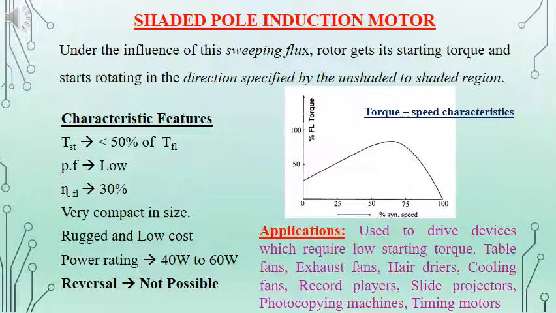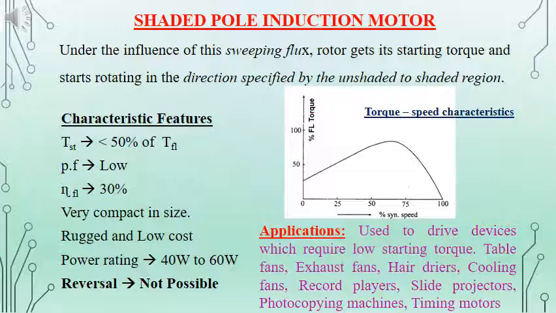The sweeping of flux can be compared with a rotating magnetic field, and whenever there is a sweeping of this flux, the rotor will try to rotate in the same direction as the sweeping of the flux. That is how the shaded pole induction motor operates.